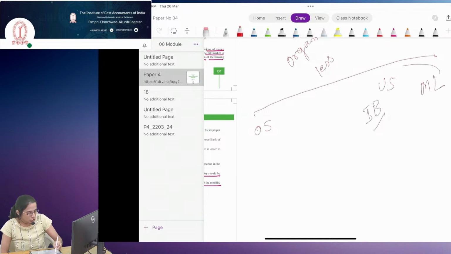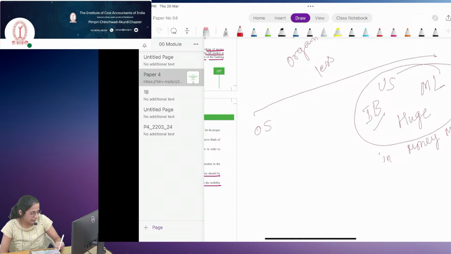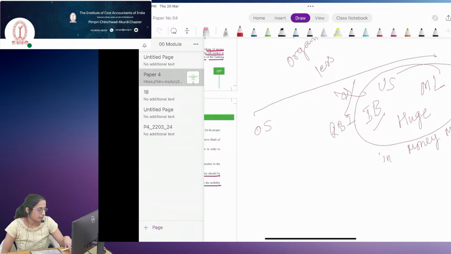The portion of the unorganized sector is huge in the money market. So these do not come under the directions of the Reserve Bank of India. So the main problem is that the Reserve Bank of India is not able to control the money market.